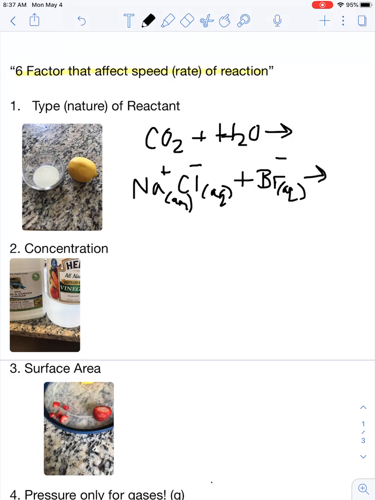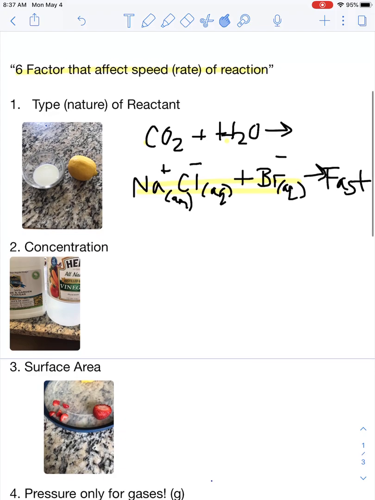The reaction that will happen faster is the one that has the most contact. The answer is the ionic one, because you have all these ions floating around in water in close contact. Here you have a gas and a liquid, and there's not a lot of contact. So the more contact, the faster the reaction. Anything ionic in an aqueous solution is fast.